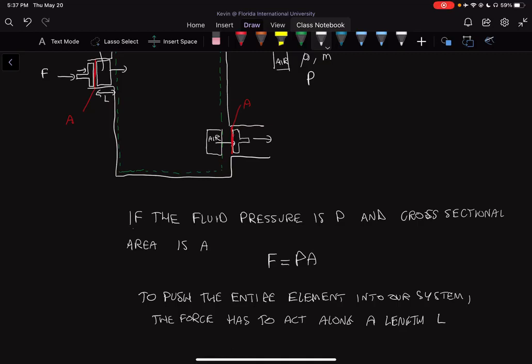Okay, and we can call this length L or distance L.